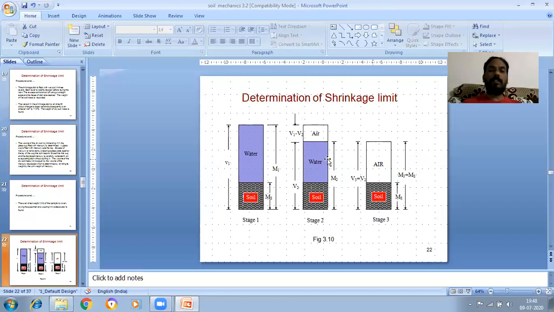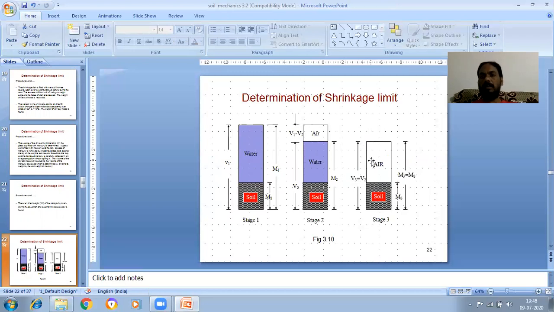What is the difference between stage 2 and stage 3? In stage 2, all these voids are occupied with water, that is, fully saturated. Whereas here, all these voids are occupied with air. That is nothing but the dry soil.